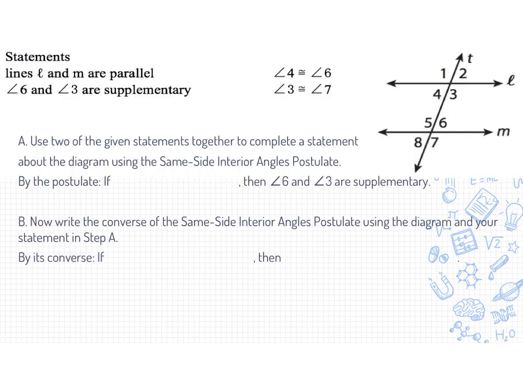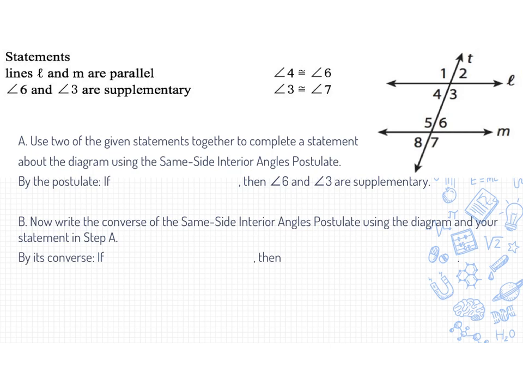So let's take a look at one specific to parallel lines. We have statements: lines L and M are parallel, angle 6 and 3 are supplementary, angle 4 is congruent to angle 6, angle 3 is congruent to angle 7. Use two of the given statements together to complete a statement about the diagram using the same side interior postulate. So if blank, then angle 6 and 3 are supplementary.